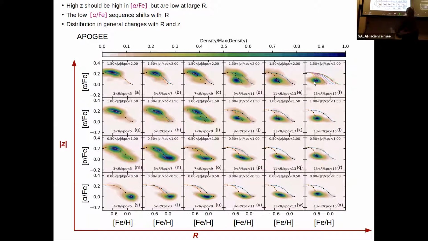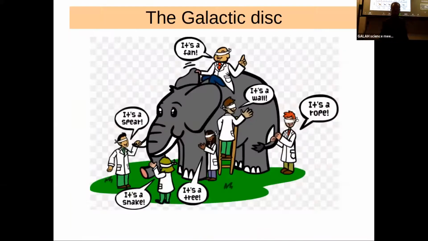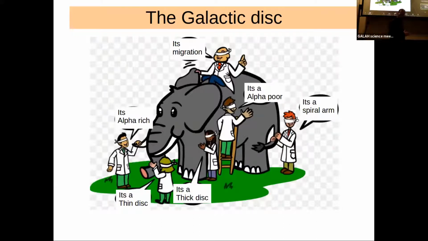So the distribution changes as you go to different R and Z. It's not that simple to interpret just by high abundance or to say thick disk is one thing. Trying to study the disk is like trying to study an elephant blindfolded, and depending upon where you look, you get very different answers. Thinking about alpha poor, is it thick disk, or what are the mechanisms, migration, and so on.